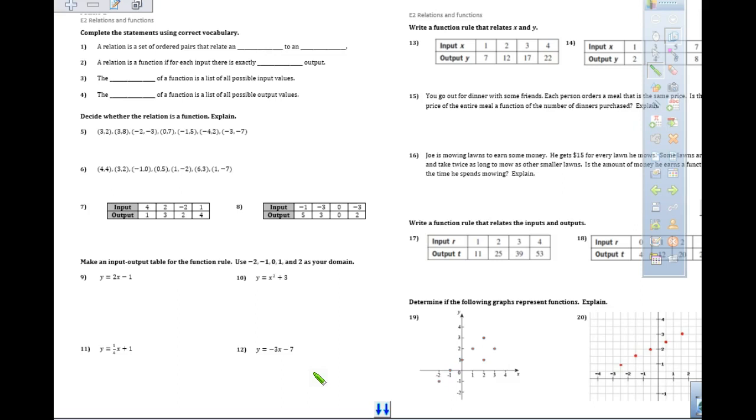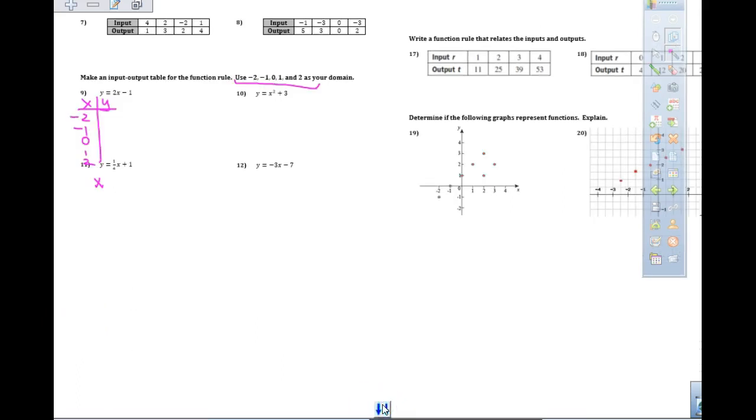So your homework, if you turn to make a table, you need to use these values as your domain. Just like we did an XY table in your notes, you're going to put -2, -1, 0, 1, and 2. You're going to do the same for when you get to the next question, number 9, 10, 11.